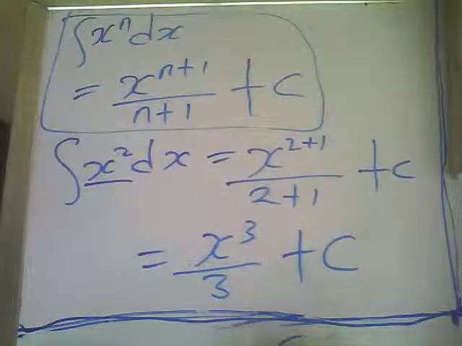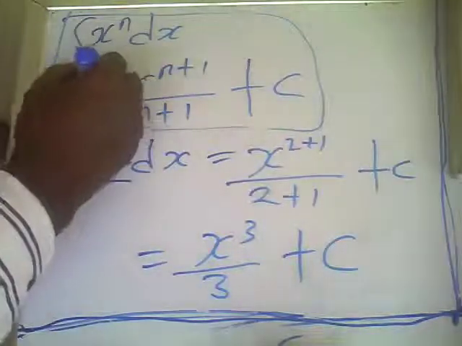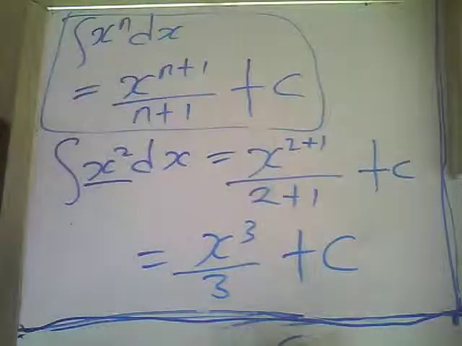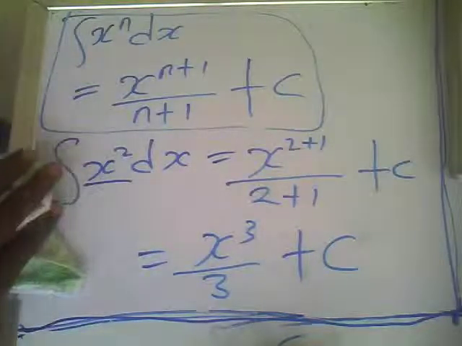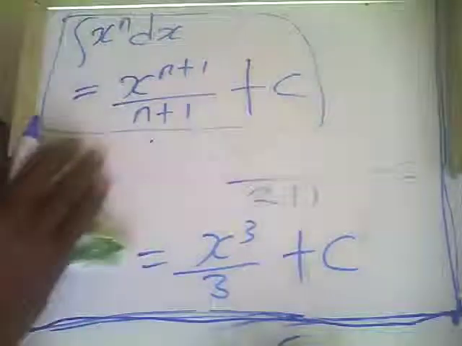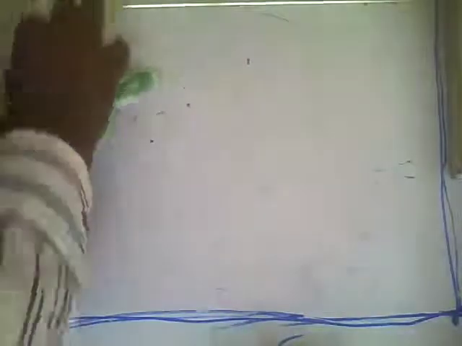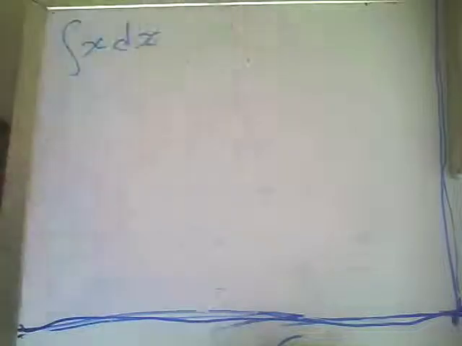Always use this rule when you are integrating a function that is in the form of a power. Then let's take another example. Now let's say we have x dx. We are integrating x.